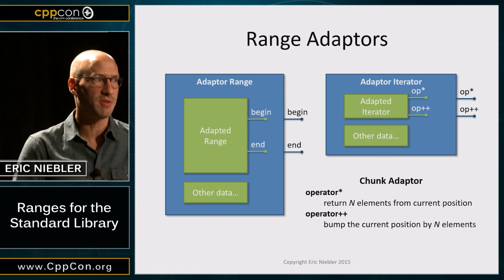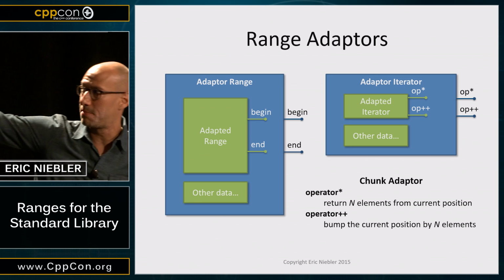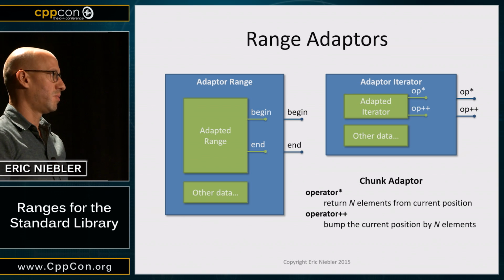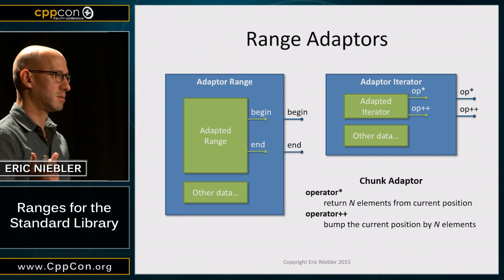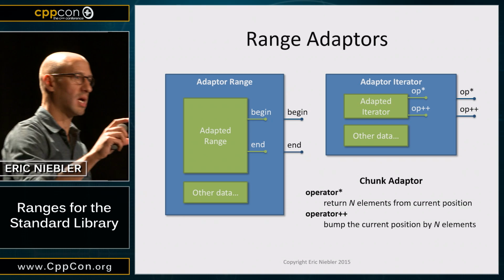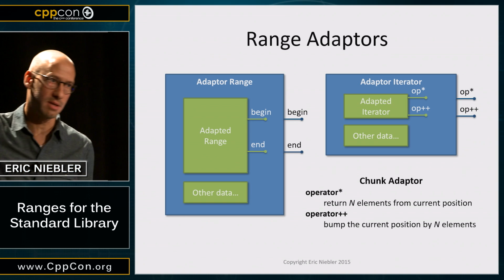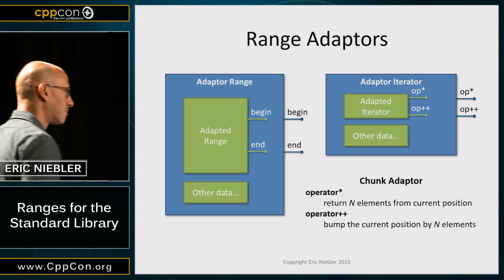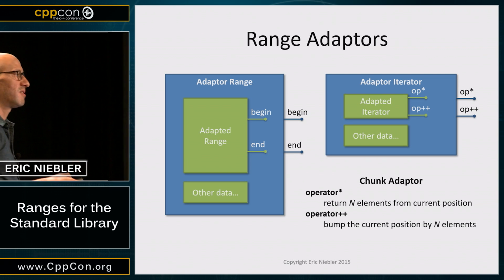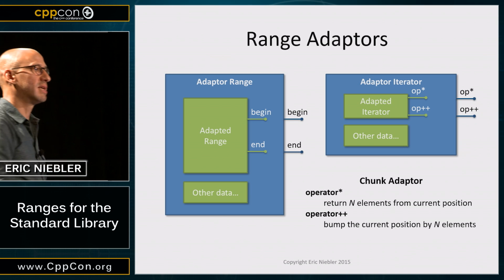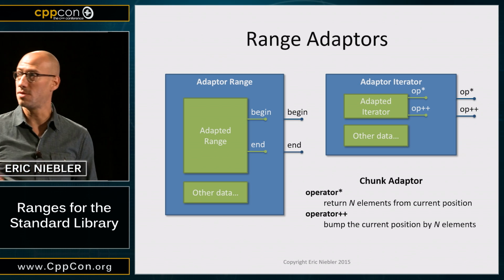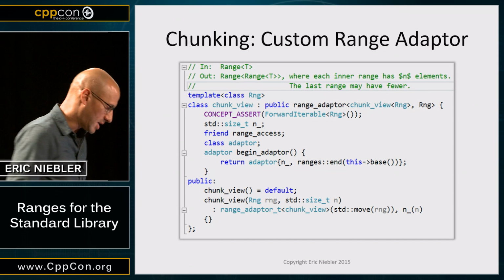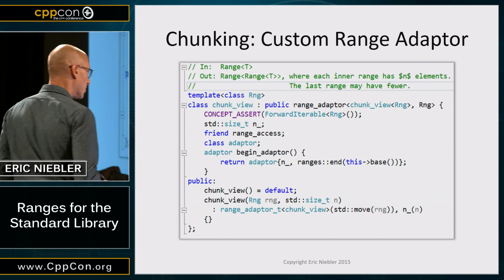And so here's how our behaviors are going to change. The chunk adapter, when you dereference its iterator, rather than returning an element, we want it to return a range of elements. N elements, that's the chunk size. And when we increment that iterator, we want it to jump over n elements. So we only want to specify that behavior, and we want to get everything else for free. And to do that, we use a range adapter template from the range library.